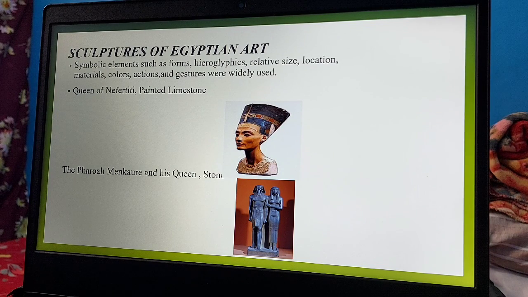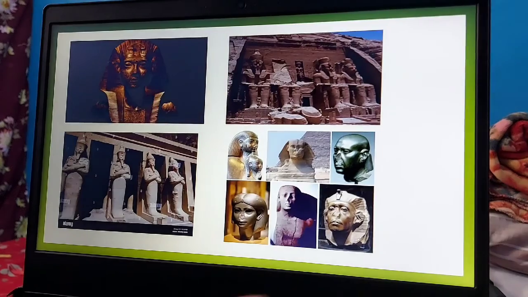Then, Queen refers to the great royal wife of the Egyptian pharaoh. Next slide. So, these are the Egyptian sculptures. As you can see, they have a variety of sculptures. You can see in their headdresses that animals are integrated.